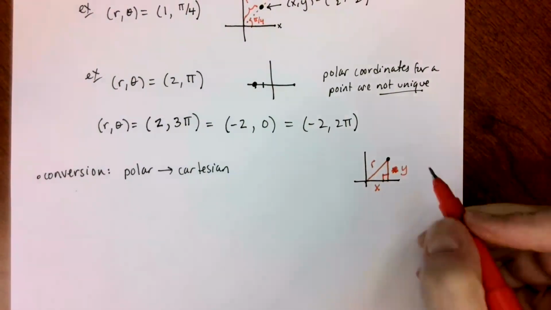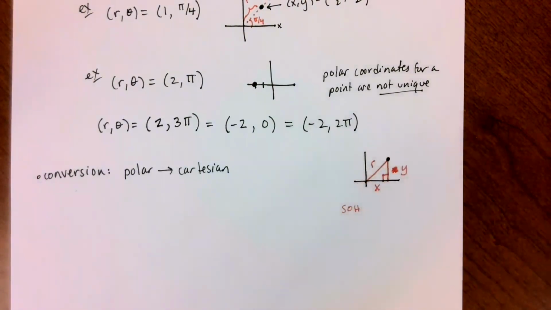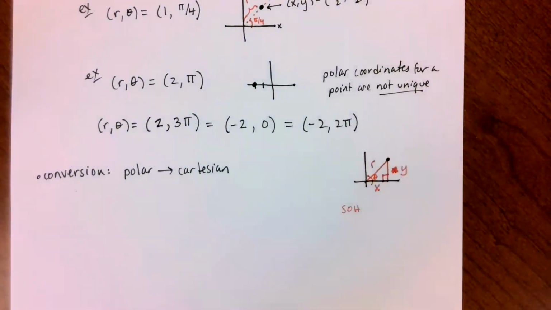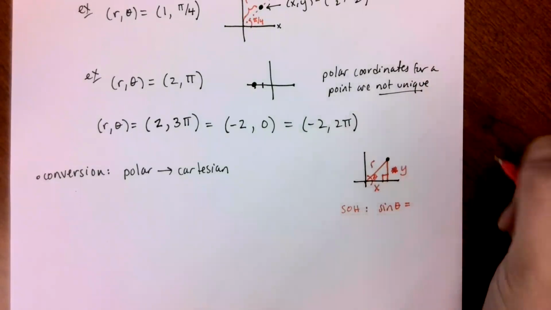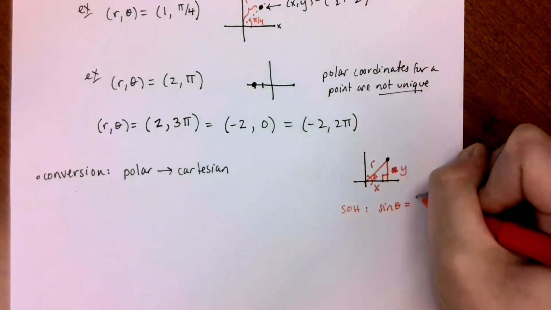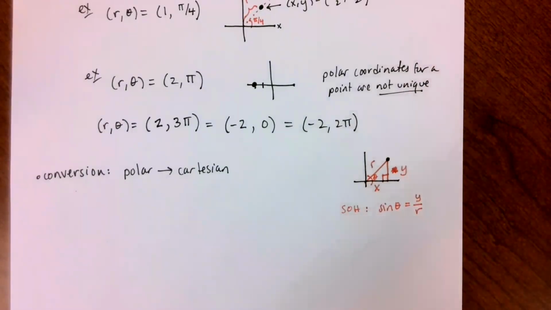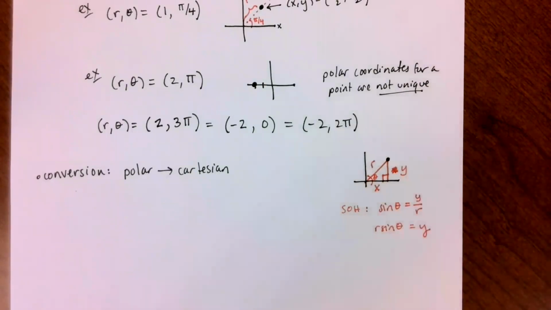So if we did, for example, the SO of SOHCAHTOA for this triangle, noticing that this angle is theta, that would mean that the sine of theta is opposite over hypotenuse. And this gives us, of course, that r sine theta equals y.